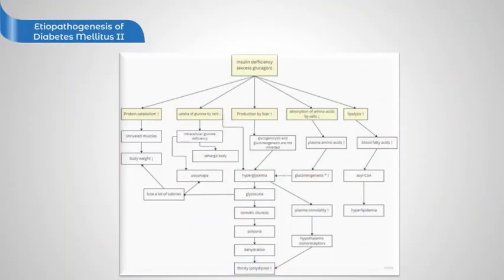Okay, this is a chart for insulin deficiency, and that includes glucagon excess. First, increased protein catabolism. This causes the muscles to shrivel. The shriveled muscles result in weight loss due to reduced number of calories in large quantities.